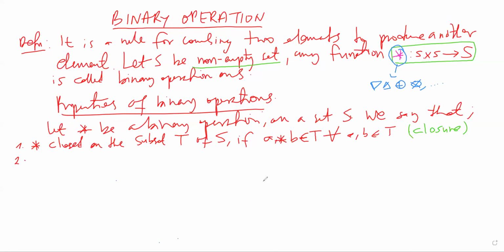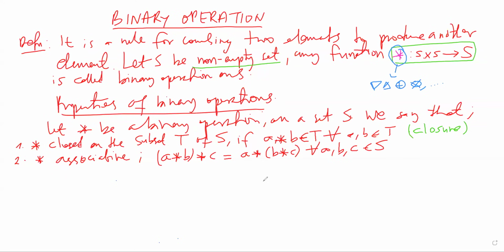Two, if we take an operation, then we say that it is associative if we have (A star B) star C is equal to A star (B star C) for all A, B, C in S. So this is called the associative property.